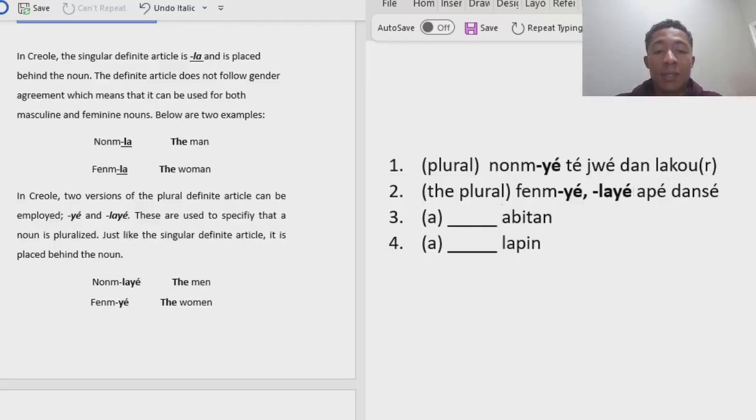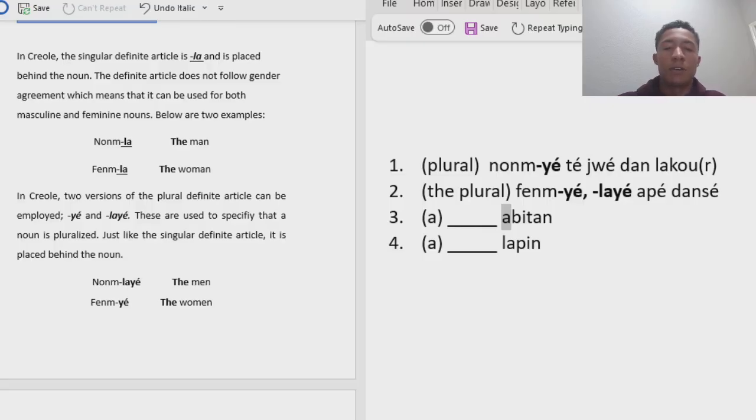Blank habitant. Blank farmer. Maybe. Think about it. What's A?